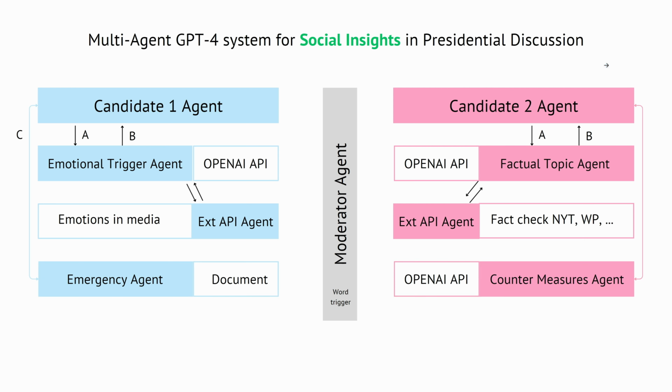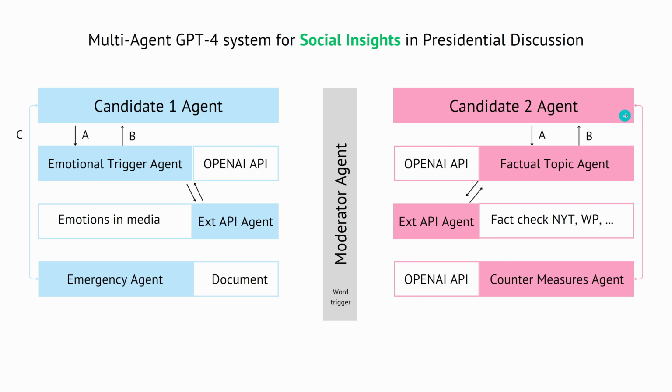But of course, you can have additional agents. For example, here you can have countermeasure agents. What happens if candidate 2 is somehow attacked by candidate 1 verbally with a statement that is not fact-checkable, but is strongly emotional? How would a person now react?